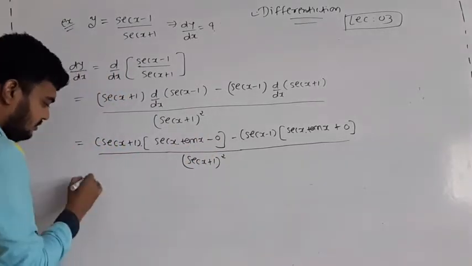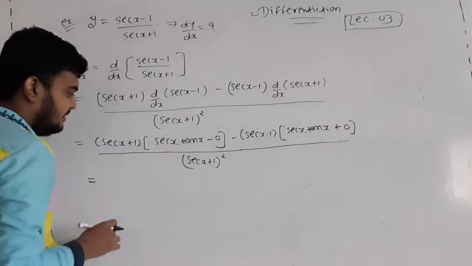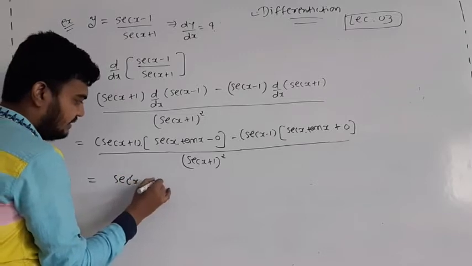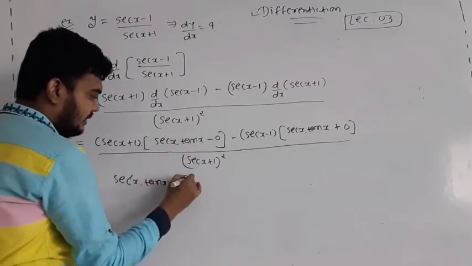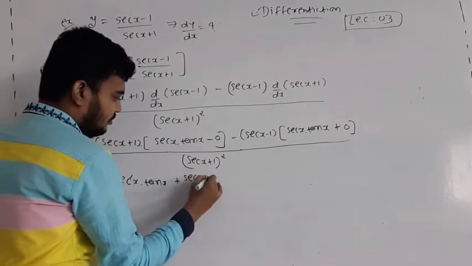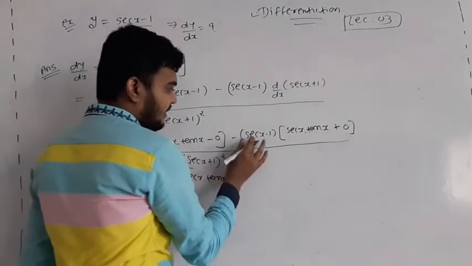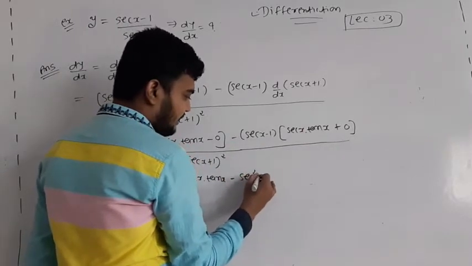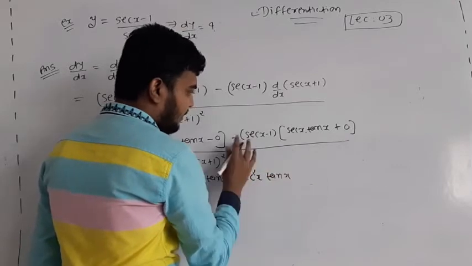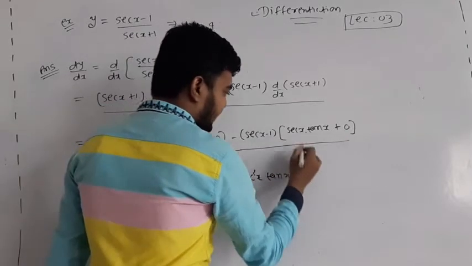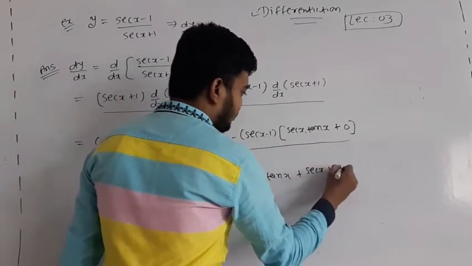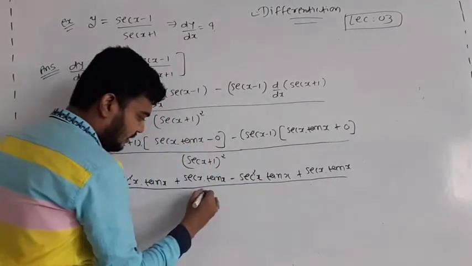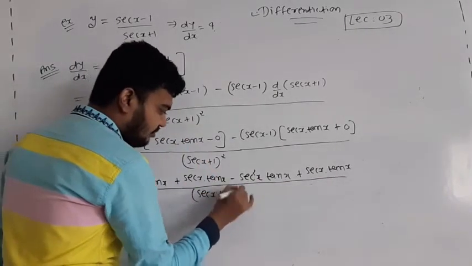Okay, now multiply with each other. Sec x into sec x tan x is sec square x into tan x, plus 1 into sec x tan x is sec x into tan x, and minus sec x into tan x is minus sec square x into tan x, then minus plus 1 into sec x tan x is as it is, sec x into tan x, and this whole thing is divided by the square of sec x plus 1.